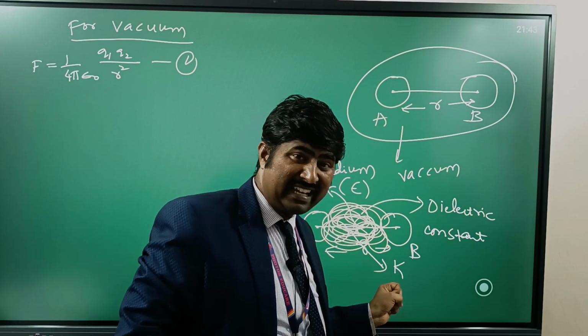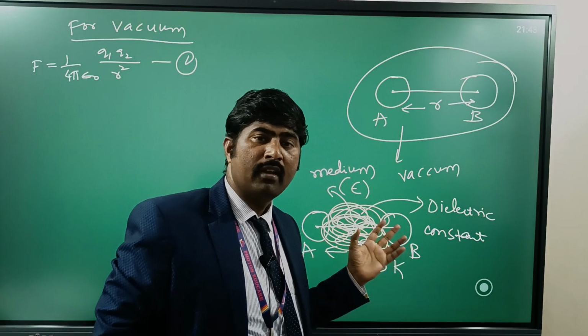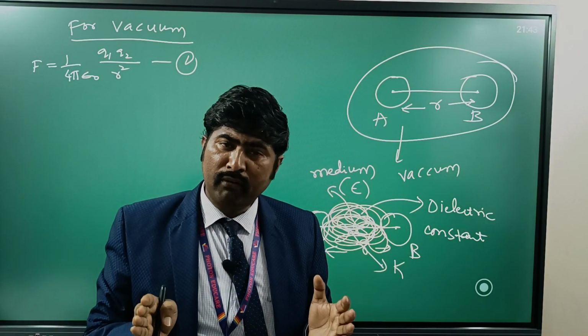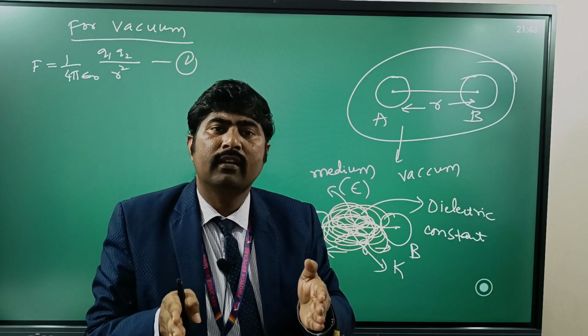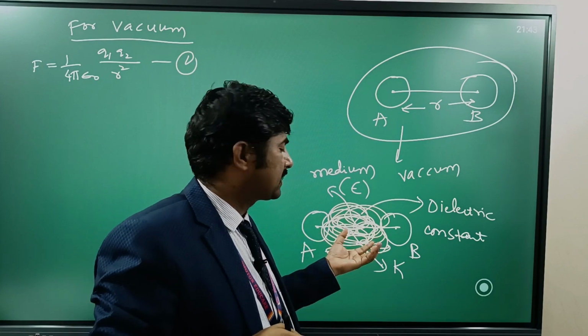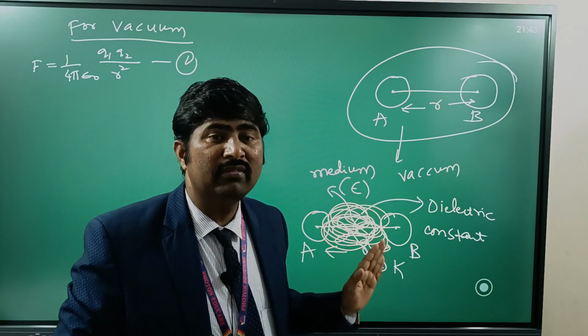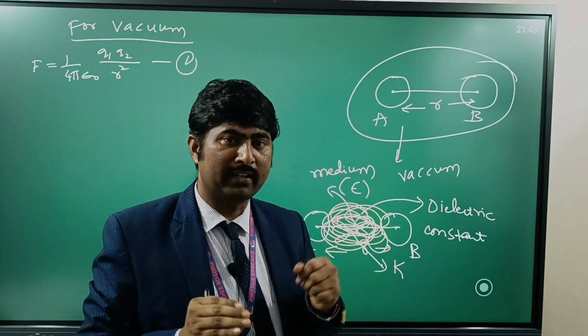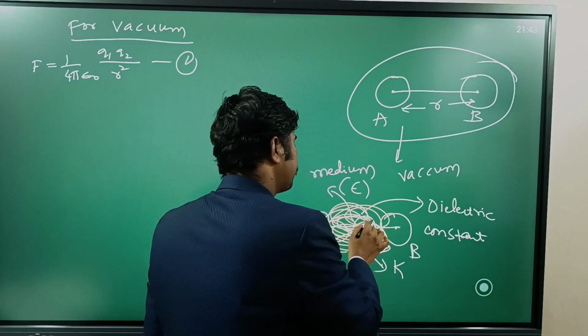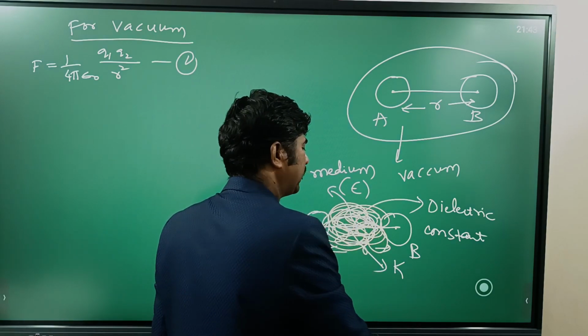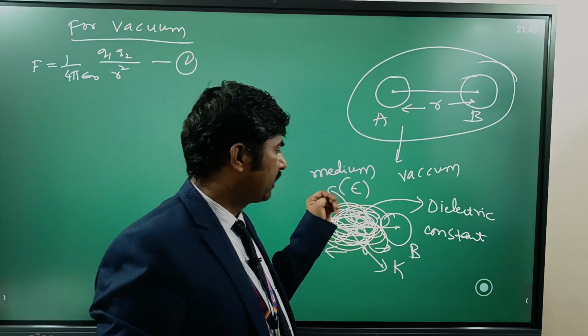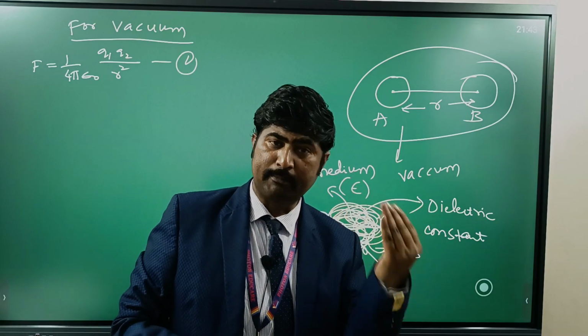I am taking the second case where you are adding some insulating materials between the two spheres. Now the two spheres are filled with some material, meaning that it has a medium. That medium value is epsilon.